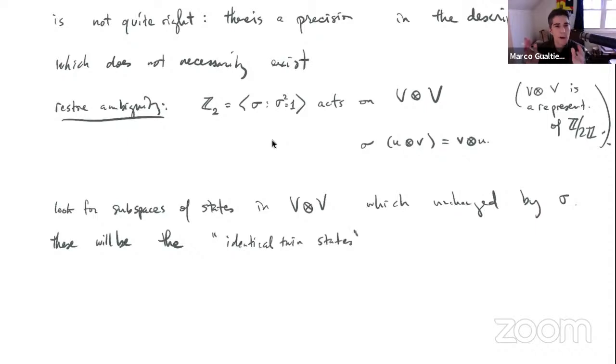So identical particle states are not states in V tensor V, but rather they're subspaces of V tensor V which are not affected by the switching map. Is that concept clear? Let me take a question on it.